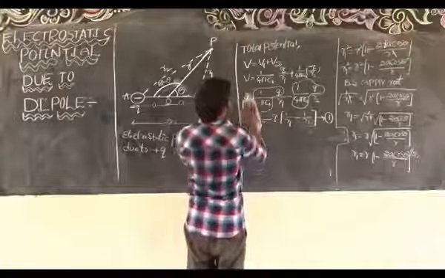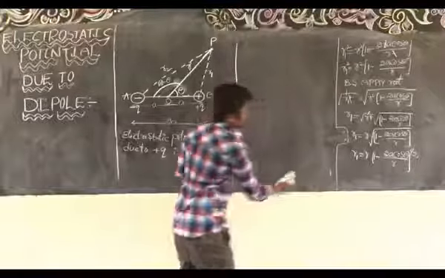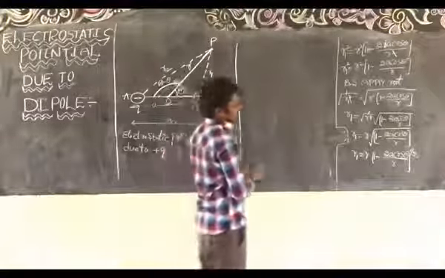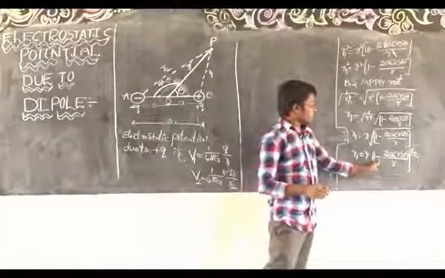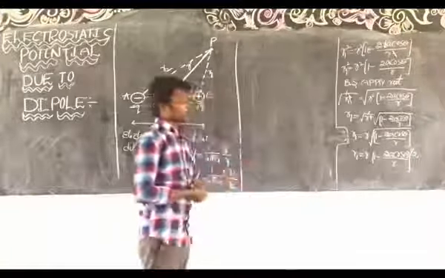Continue that: R1 is equal to R into 1 minus 2a cos theta by R whole power 1 by 2. That is the expression.